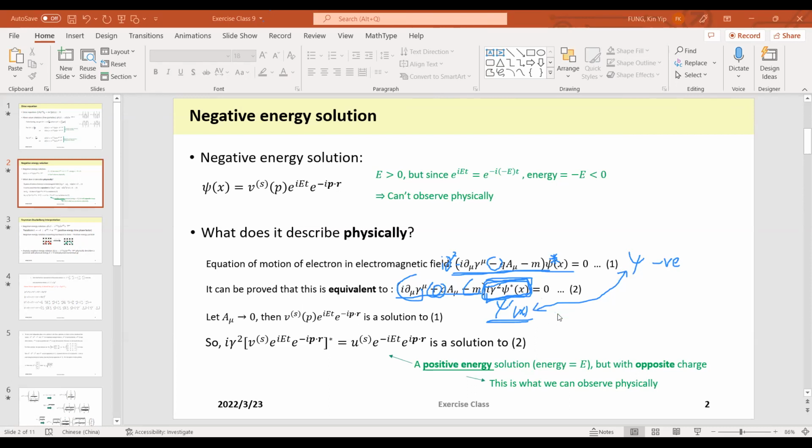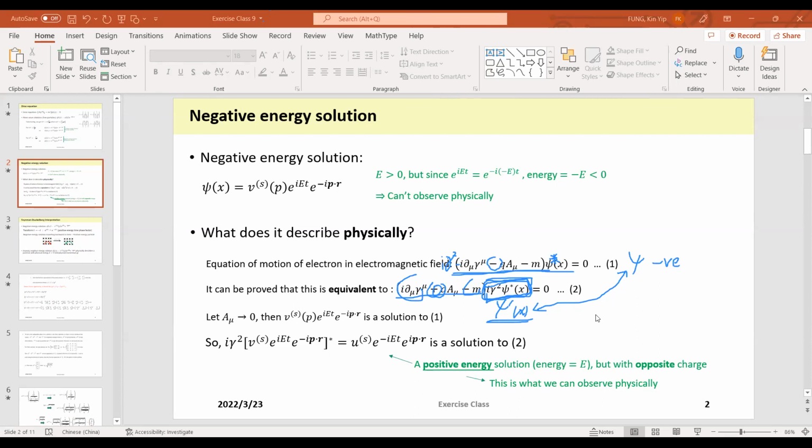Only in this way can we describe our physical world. If you do it in another way, then I don't know what that is. In this way, we know that they are antiparticles, and that's what we find in nature. All the things we are doing here are just to explain nature.